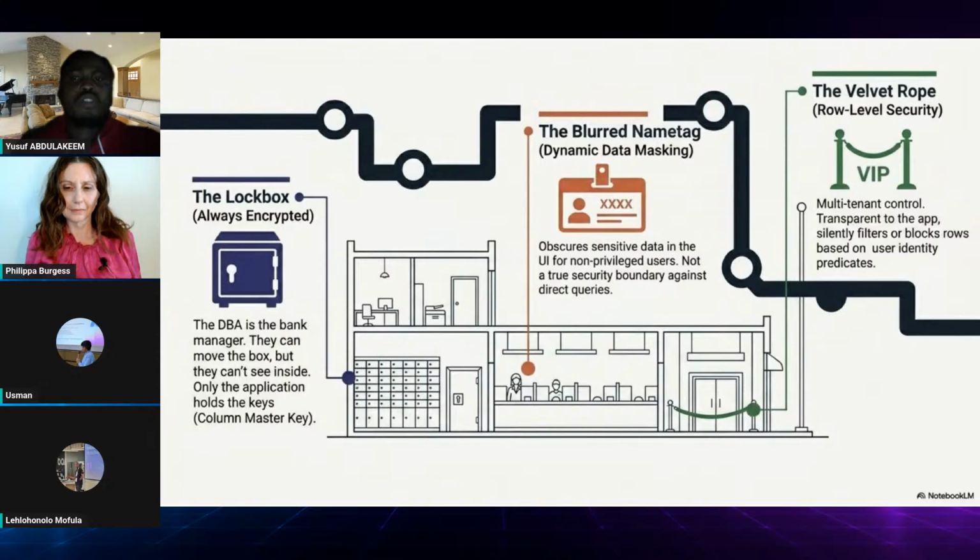Then there's the blood name tag, which is dynamic data masking. It obscures sensitive data in the UI for non-privileged users, but it's not a true security boundary against direct query. Then the velvet rope, which is multi-tenant control, is transparent to the app and silently filters or blocks rows based on user identity predicates.